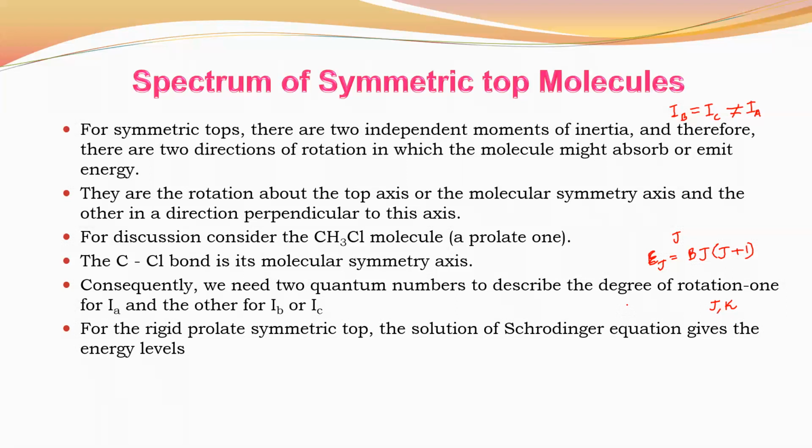Solving the Schrodinger equation, we get the energy levels as E_JK is equal to h square divided by 8 pi square Ib into J into J plus 1, plus h square divided by 8 pi square Ia minus h square divided by 8 pi square Ib, into K square.